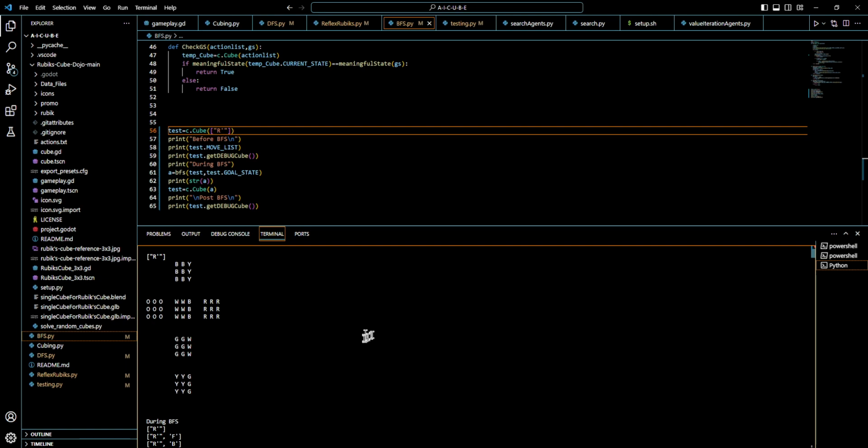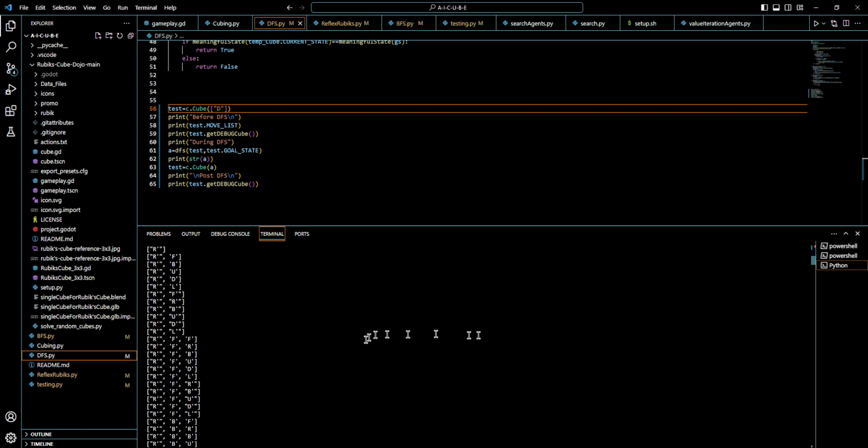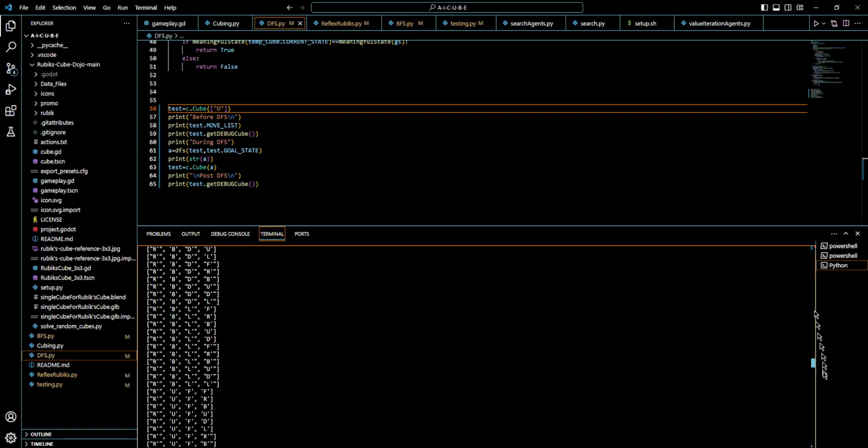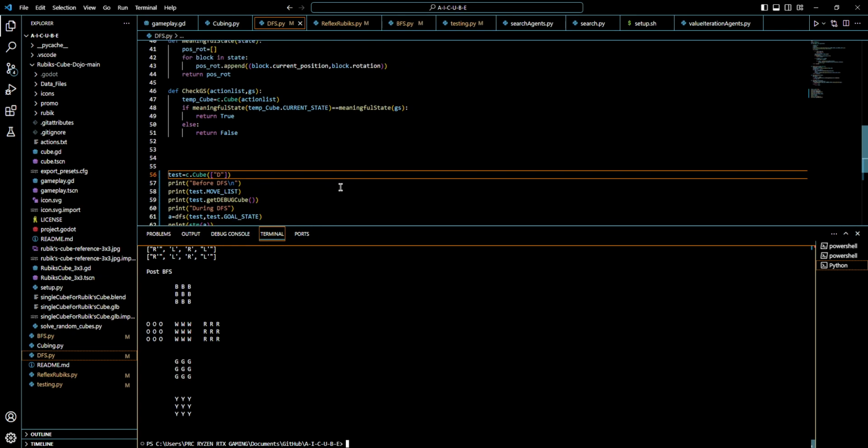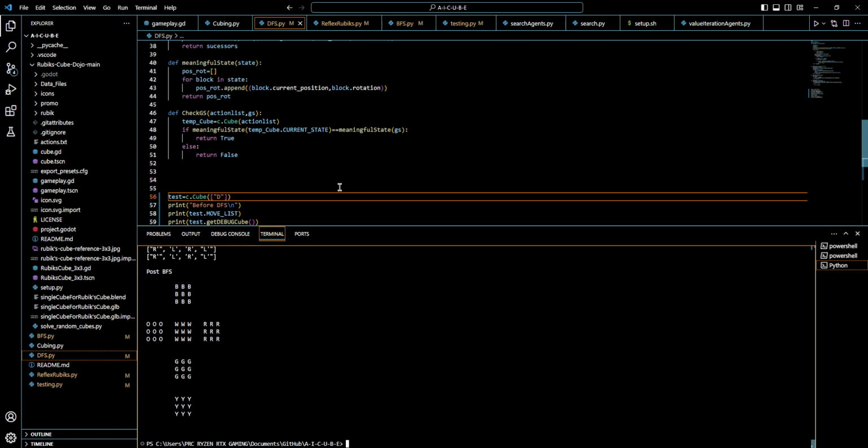Alright, now we're going to move on and we're going to look at DFS. So looking at DFS, again, very similar to BFS. The only difference, of course, is how the fringe is implemented. But as I said before, it's based off the implementation of the homework in class.